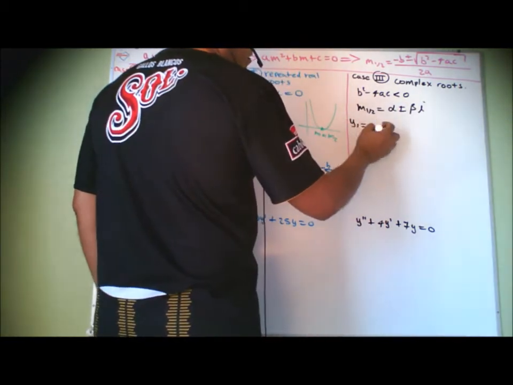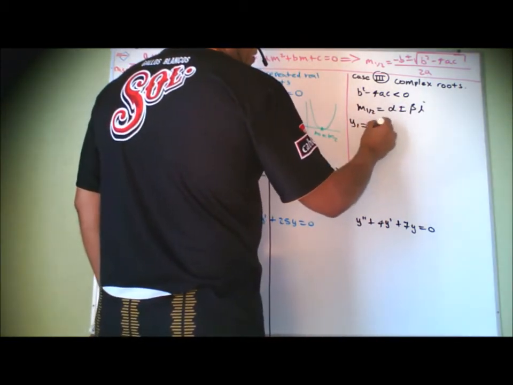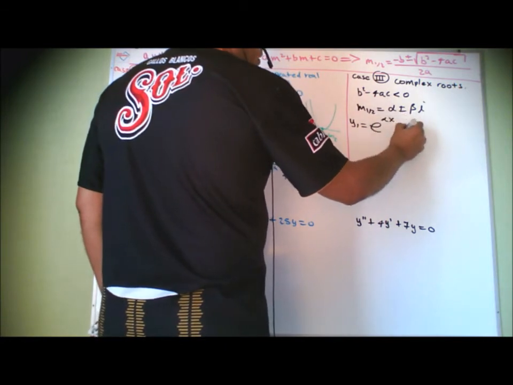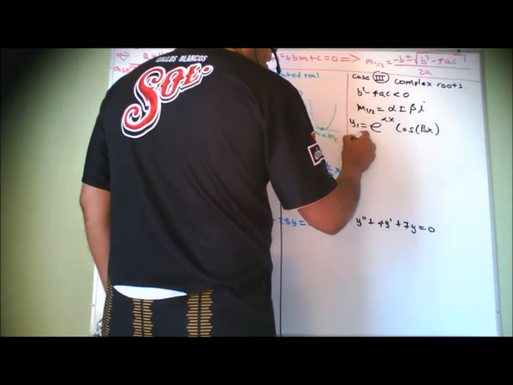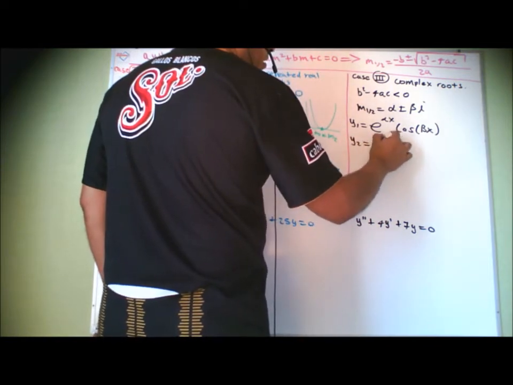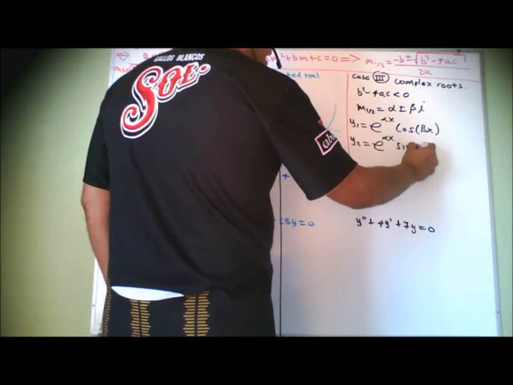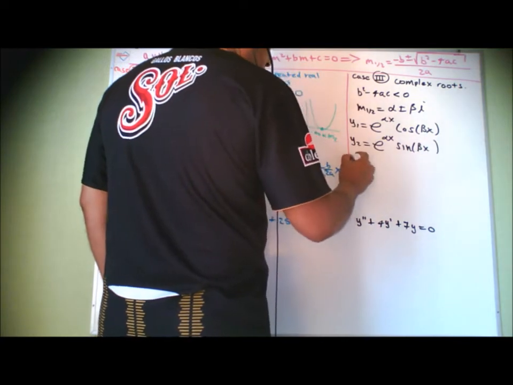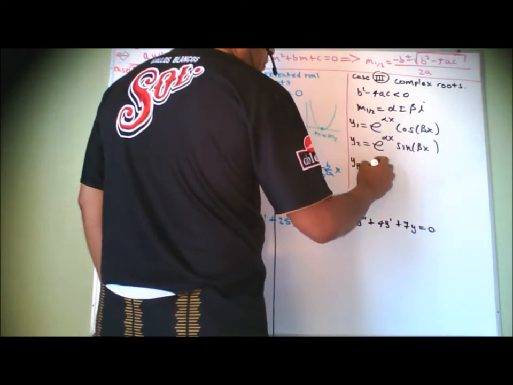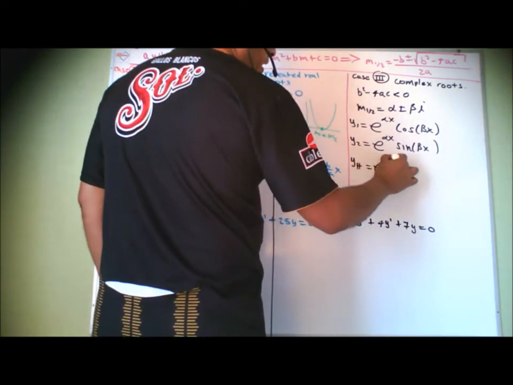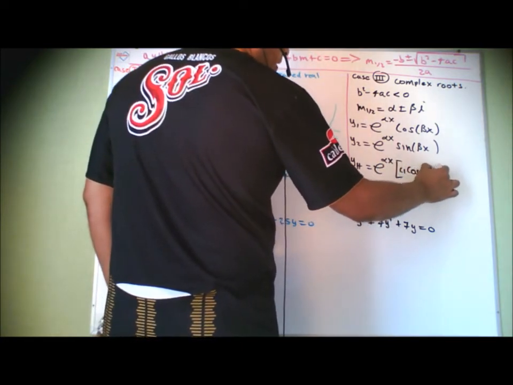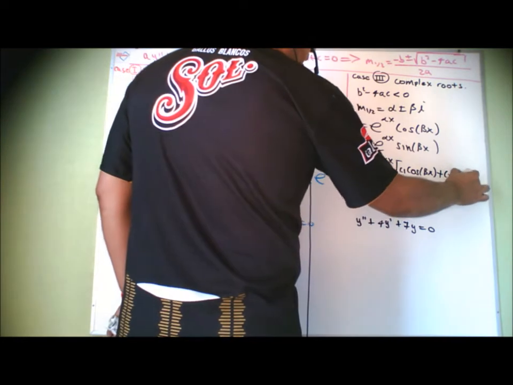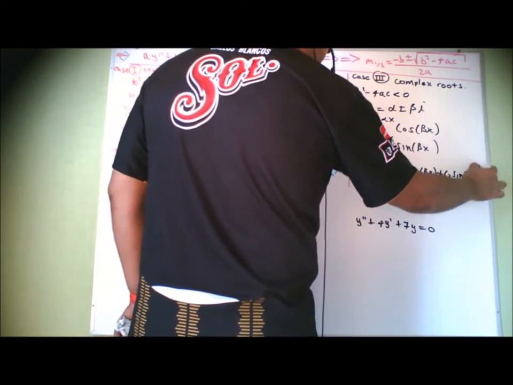So your first solution is going to be exponential of alpha x cosine of beta x, and your second solution is exponential of alpha x sine of beta x. So your homogeneous solution is going to be exponential of alpha x times c1 cosine of beta x plus c2 sine of beta x.